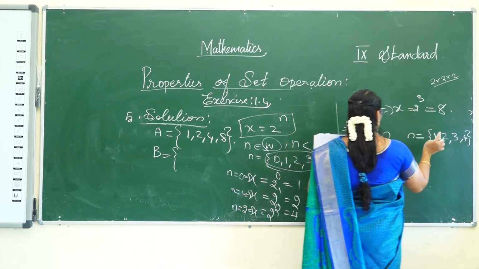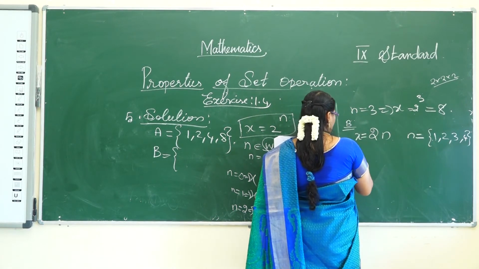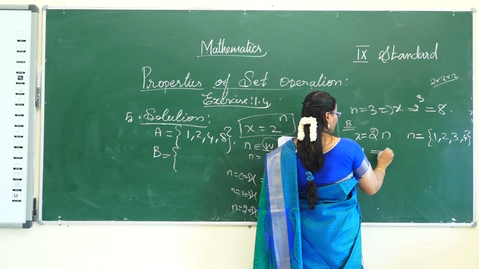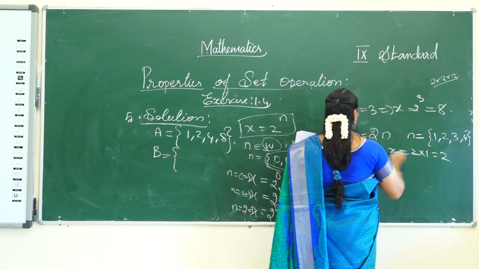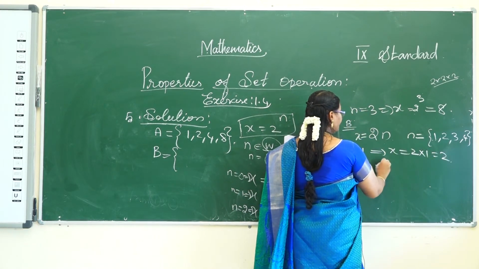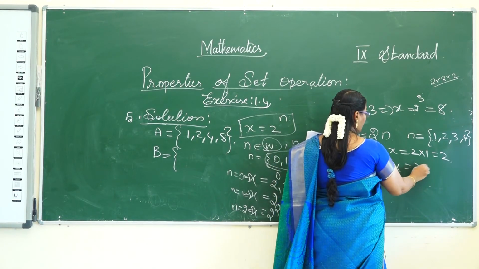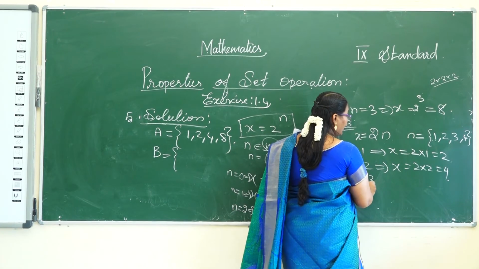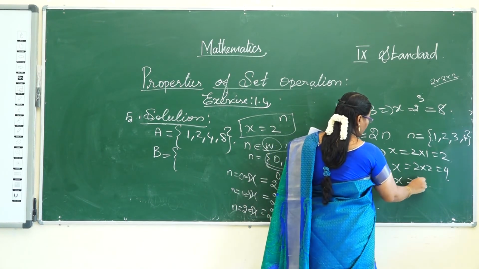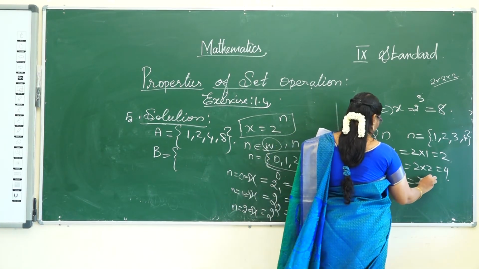Now substitute the n value in this place. n equal to 1, then x equal to 2 into 1 is equal to 2. n equal to 2, so x equal to 2 into 2. 2 2s are 4. n equal to 3, x equal to 2 into 3.